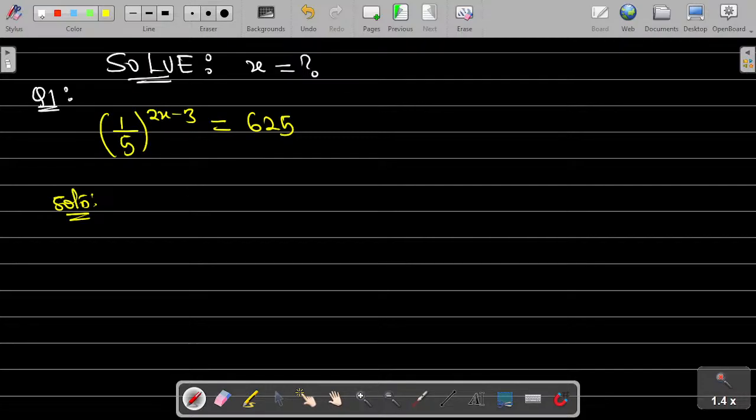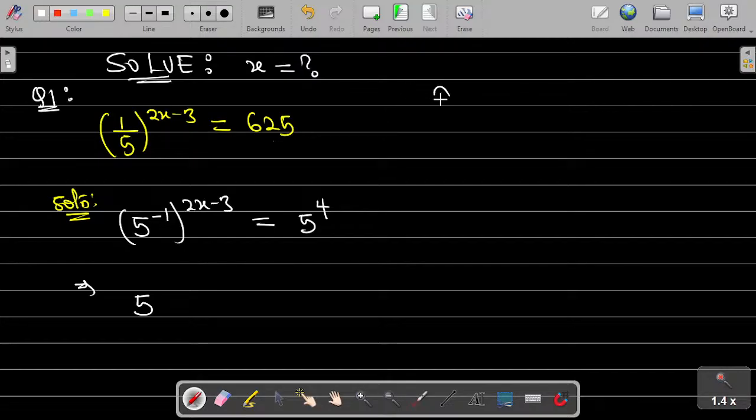So let's begin to do that. 1 over 5 in base 5 is 5 to the power of minus 1, and there is an existing power there, your 2x minus 3, and that is equal to 625, which in base 5 is 5 raised to the power of 4. Now remember the rule. I didn't even state that rule there. Call it number 12.